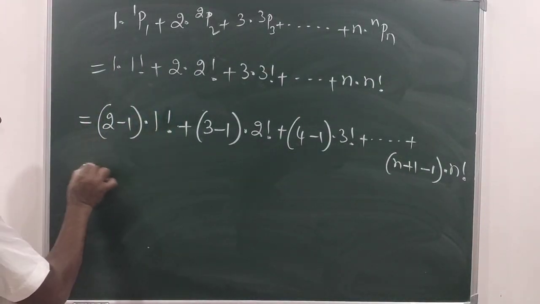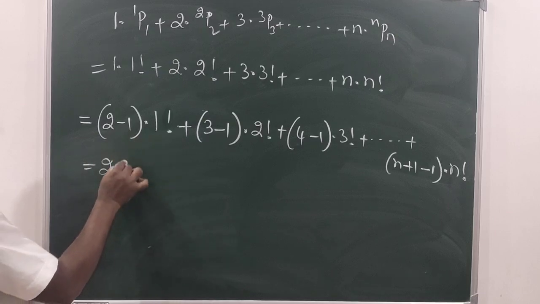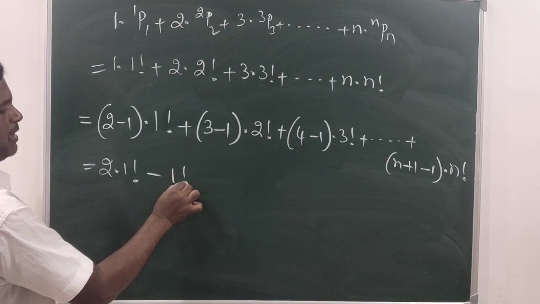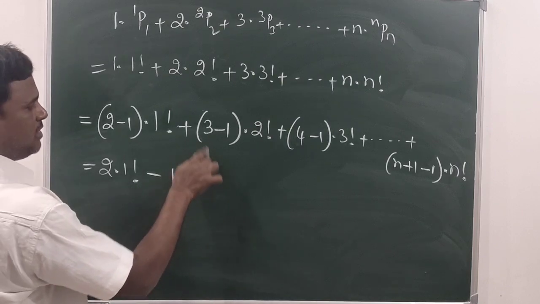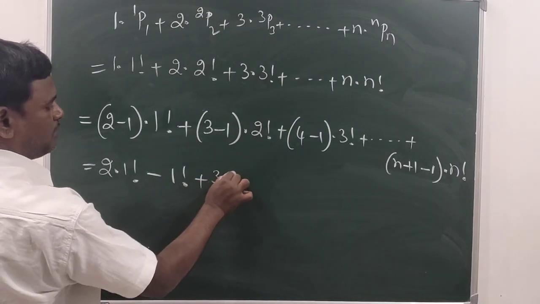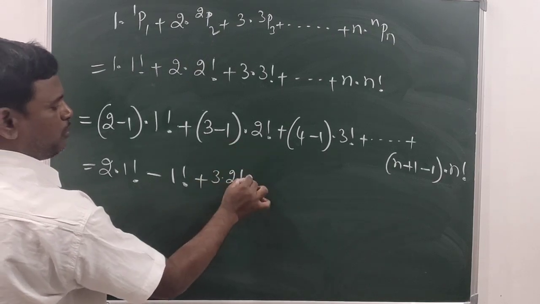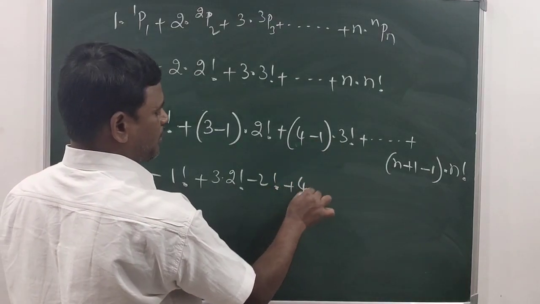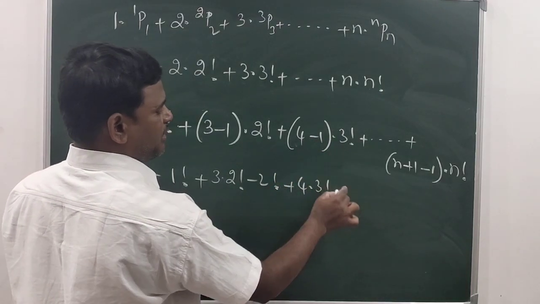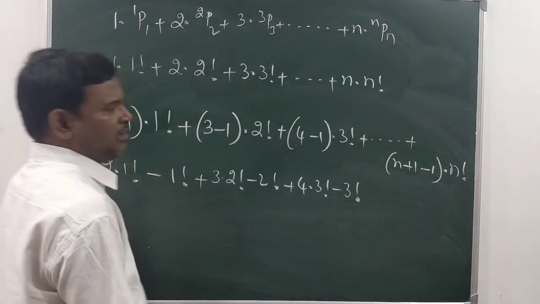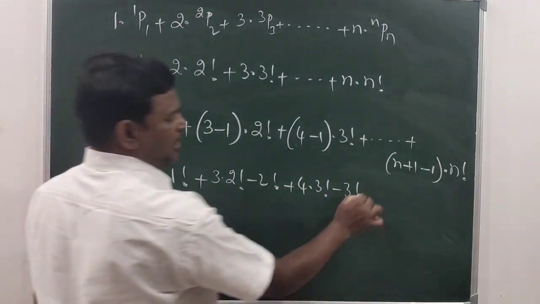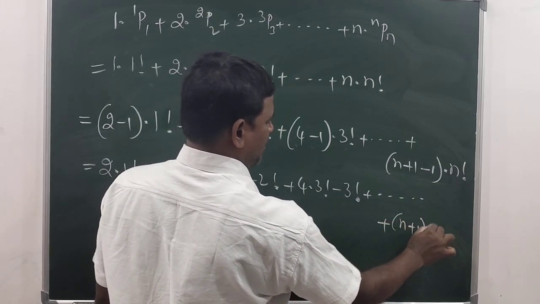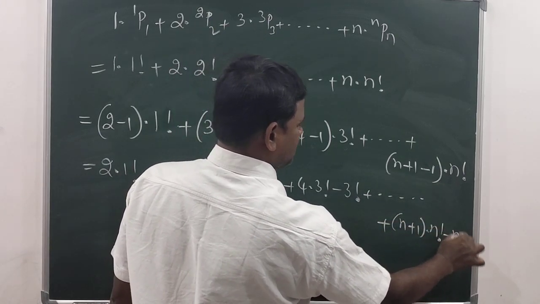When you send 1 factorial inside, 2 into 1 factorial minus 1 into 1 factorial becomes 2 into 1 factorial minus 1 factorial, plus 3 into 2 factorial minus 1 into 2 factorial, and so on, 4 into 3 factorial minus 3 factorial. Last one, n plus 1 into n factorial minus n factorial.